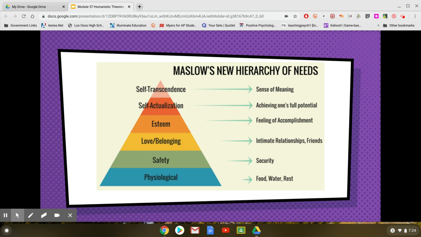The fourth level up is esteem, having those feelings of accomplishment, like getting into the college you want to get into, or accomplishing a goal for a club or a sport. Next is self-actualization, achieving your full potential. And then finally, self-transcendence is finding meaning beyond yourself. So hopefully you were able to remember that.